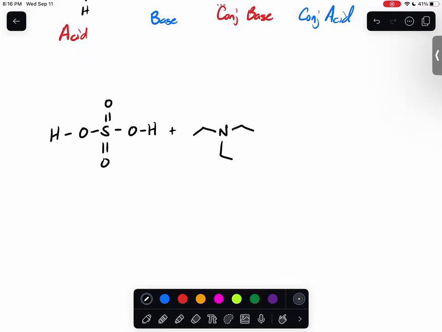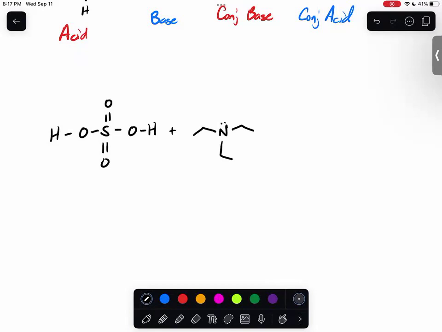If we look at this structure over here on the left, we see that it's got a sulfur, a bunch of oxygens, a couple hydrogens present. And then on the right, we have this nitrogen and a bunch of carbon-hydrogen bonds. This is an example of where we have two neutral species, but they're clearly going to end up making charges in the end.